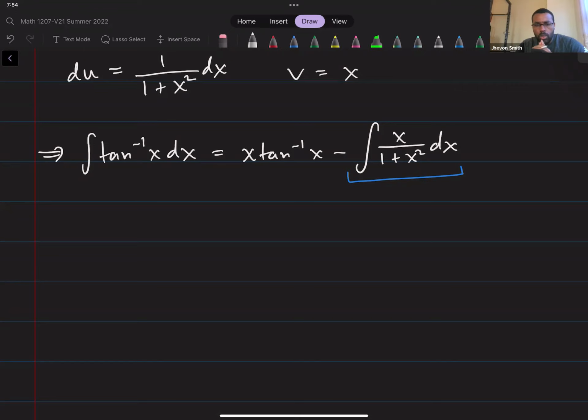No. That integral, the integral of x divided by 1 plus x squared.